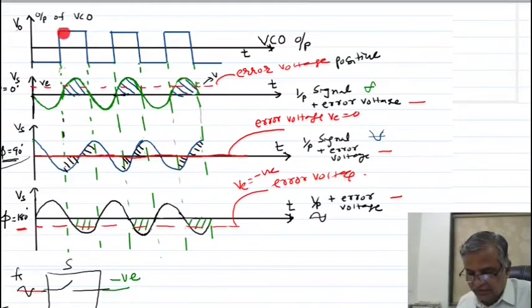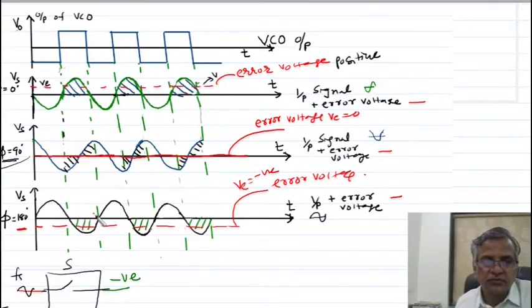When the phase difference between Fo and Fs is 180 degrees, then only the negative half of this Fs will be passed through the switch, because this is positive at this time, so you will get a negative error voltage. These figures show that phase information only for half of the input waveform is detected and averaged. Therefore, this phase detector is also called a half wave phase detector.